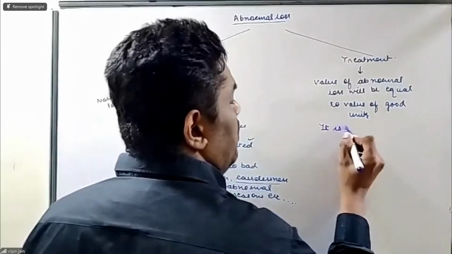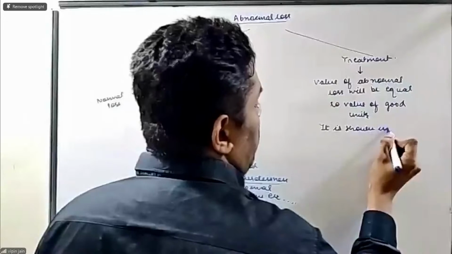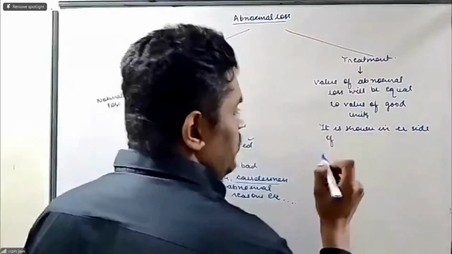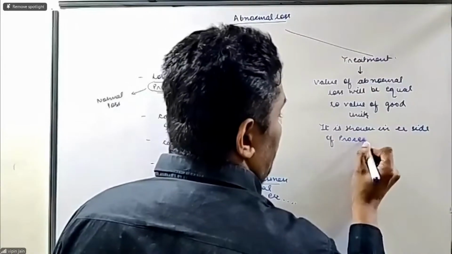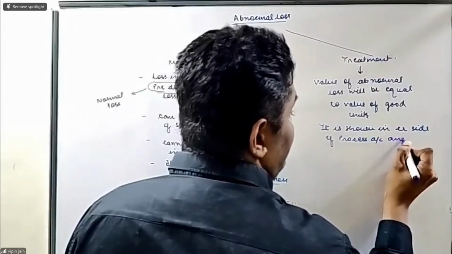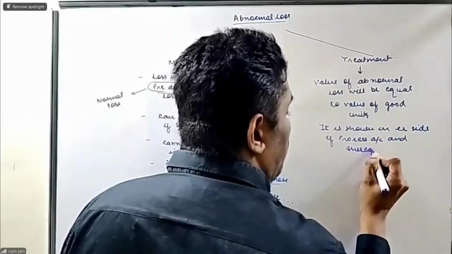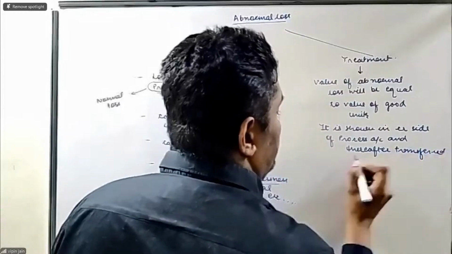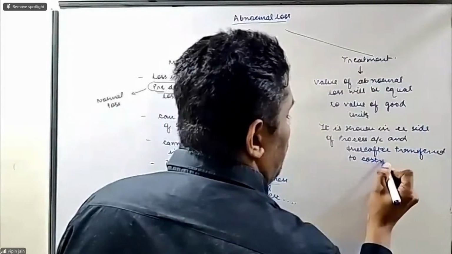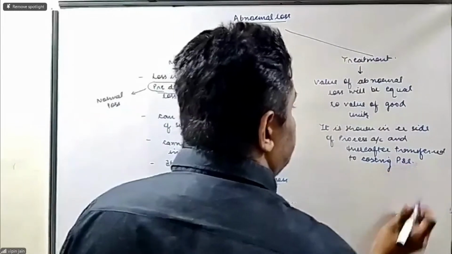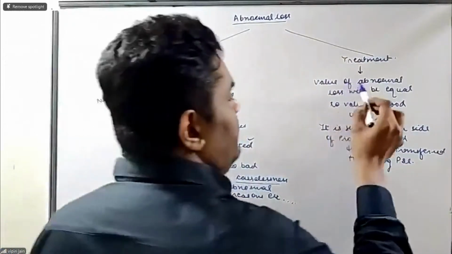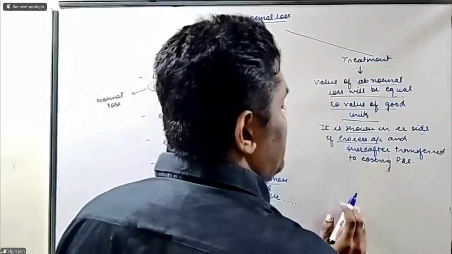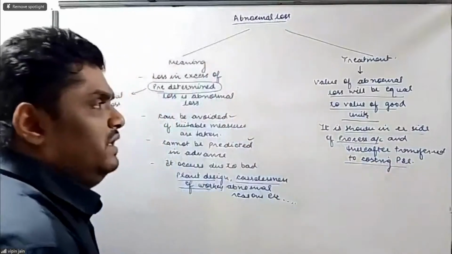It is shown in credit side of process account, and thereafter transferred to costing P&L. So value of abnormal loss will be equal to value of good units. It is shown in credit side of process account and thereafter transferred to costing P&L.